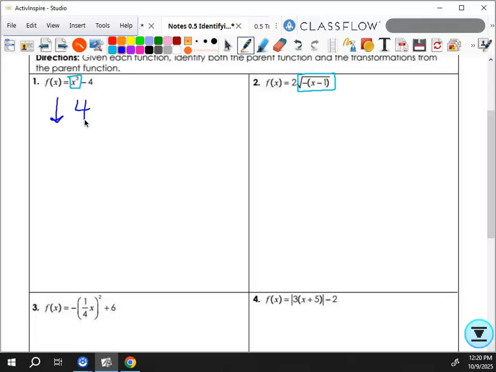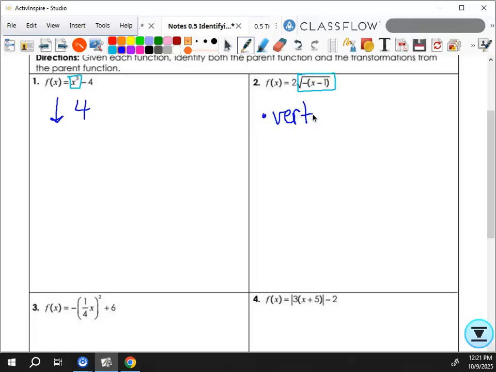All right. Now, when I look at number 2, I think it is good to do your transformations from left to right so you don't leave anything off. So we're going to start with that 2. Does that 2 affect x or y? Is it inside the box or outside the box? Outside. If it's outside, it affects y. So that is vertical, right? So this would be a vertical what?